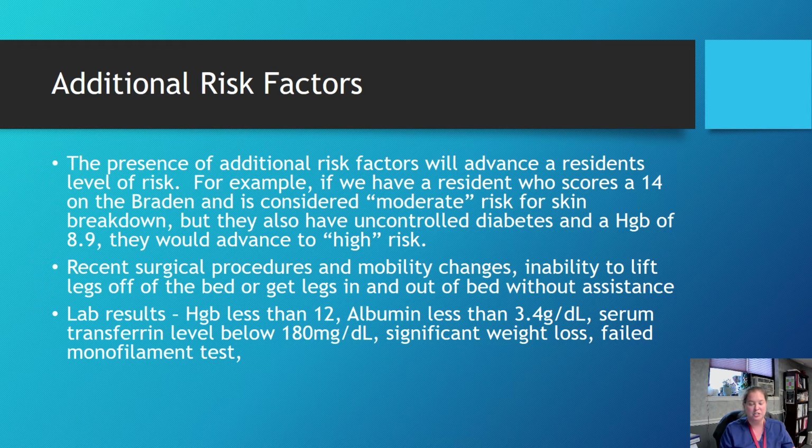A systolic blood pressure that's frequently less than 100 is a risk factor for pressure injury development because of perfusion. So when you see those things, you're going to have to switch the interventions from a moderate or standard protocol to a high-risk protocol, and that's when we would bring out the air mattress and the special wheelchair cushion, and consider heel boots, and consider an alternating air cushion, and all of that stuff. That's when we do that.